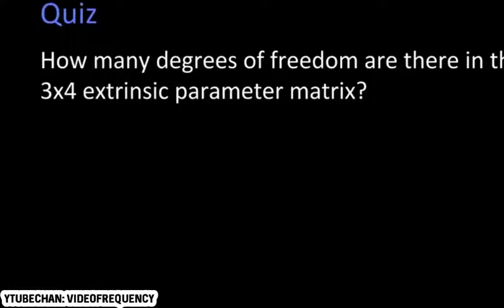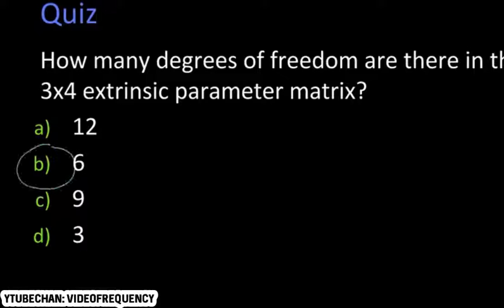That brings us to an interesting quiz. How many degrees of freedom are there in the 3 by 4 extrinsic parameter matrix? A, 12, there are 12 numbers, B, 6, C, 9, or D, 3? All right, well, what's the answer? Well, the answer is still 6. Remember there were 6 degrees of freedom?